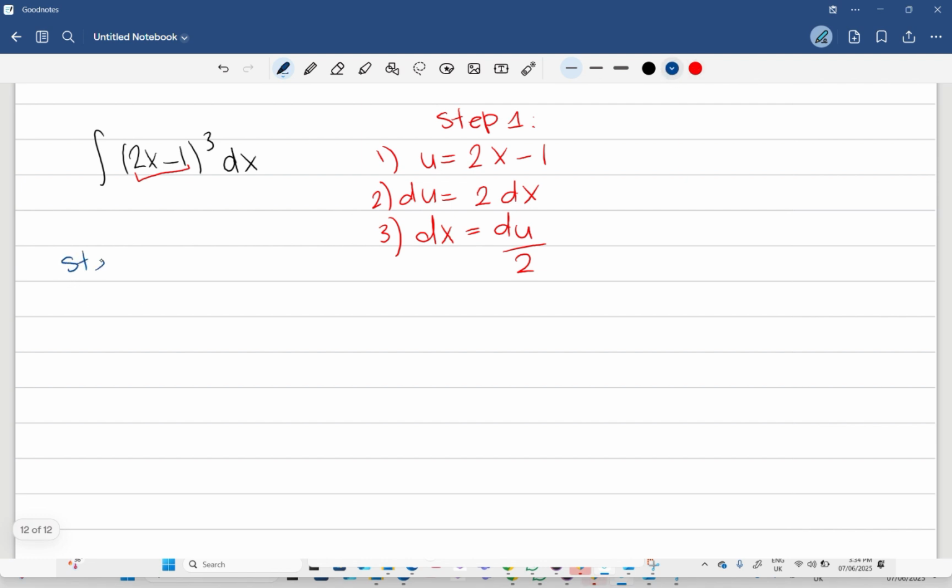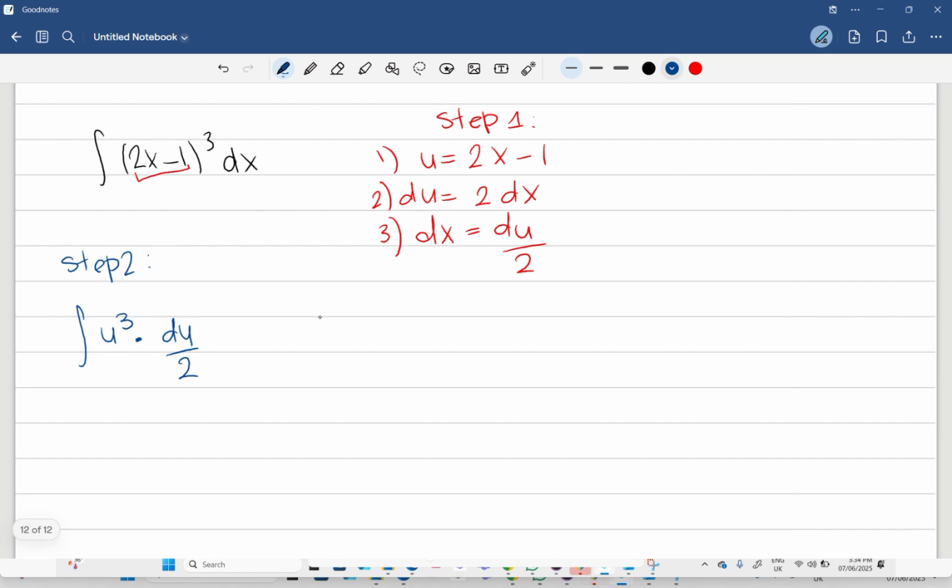Now, step 2, I am going to rewrite this as the integral of u cubed multiplied by, not dx, we found the value of dx. dx is du over 2, which is the same thing as 1 over 2 du.